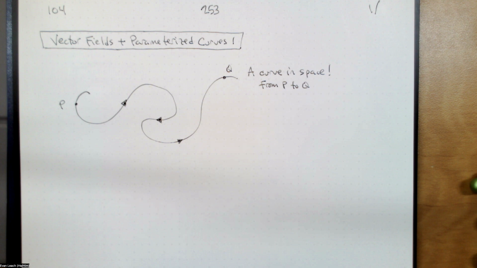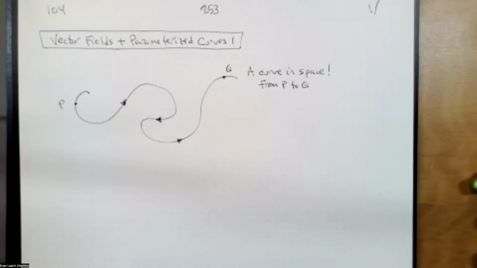At each point on this curve, the vector field has a vector. At every point along this curve, there's a vector from the vector field. So the curve is in space. It's a path through a vector field.